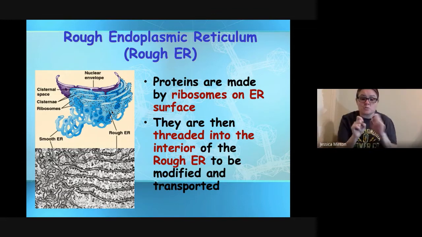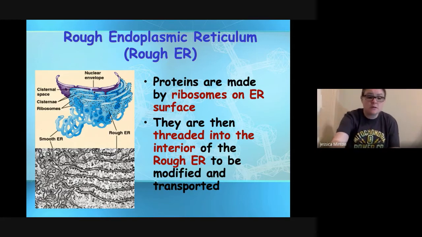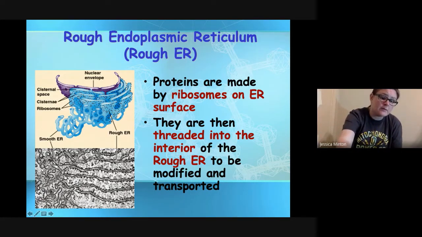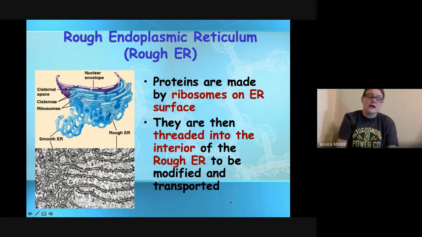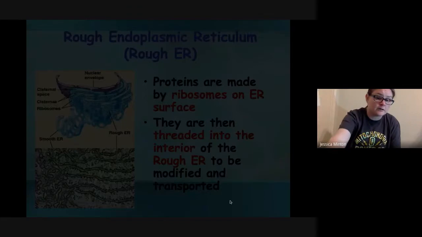Know that each one of those little bumps that make the rough ER rough is making proteins. They're threaded into the interior, and that helps them for modification and transportation purposes. This right here is more of a diagram, and this is what you would see as a microscope close-up on ER.